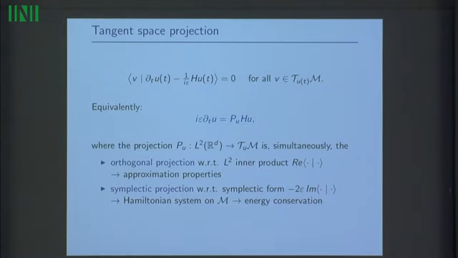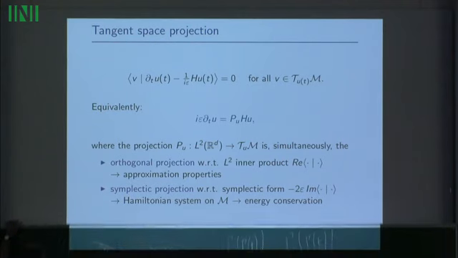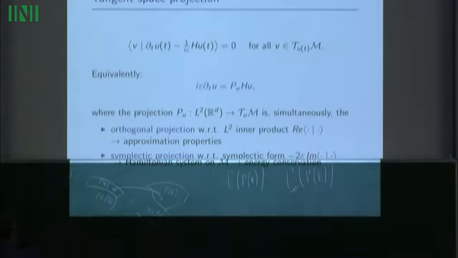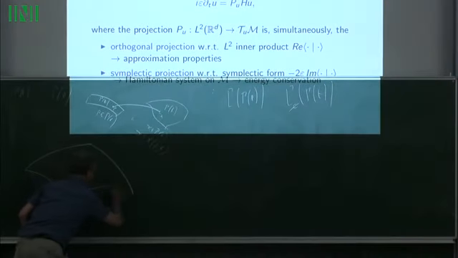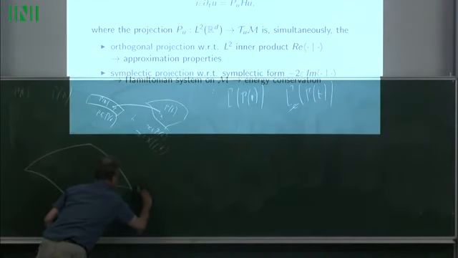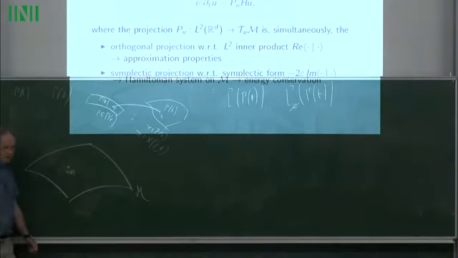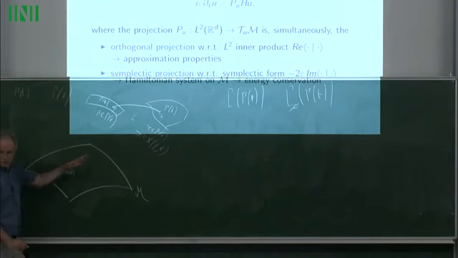And let me just show a picture. I'll draw a picture. So here I have our manifold. At time t, I'm sitting at the current approximation u of t on the manifold. And then the question is, in which direction should I continue? So I need a velocity.